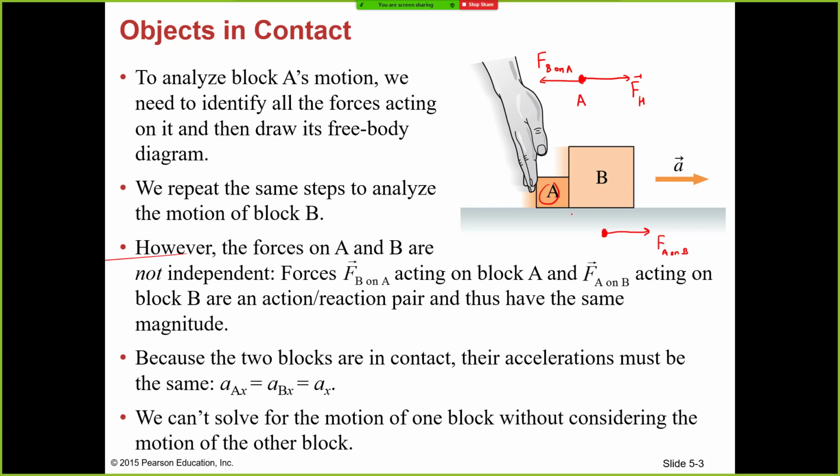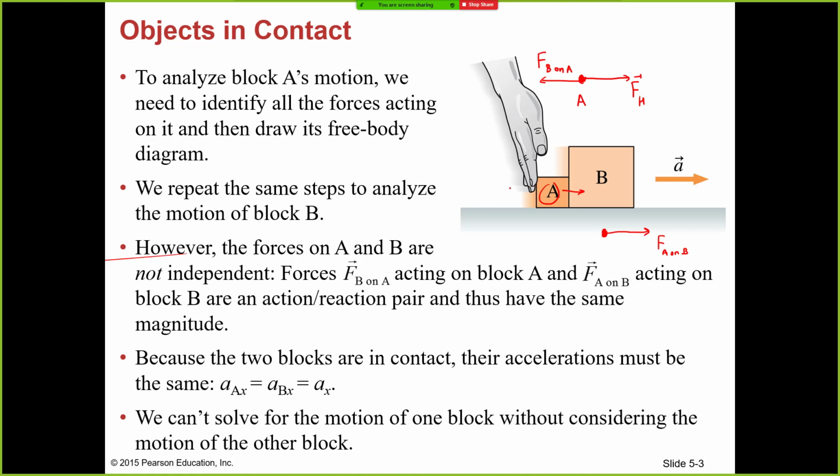This is a frictionless surface. So A pushes B, and there is no other force. And I'm talking here only about the horizontal force. You also have vertical forces, but let's not worry about that for a second. So horizontally, A has two forces, and B has one force.